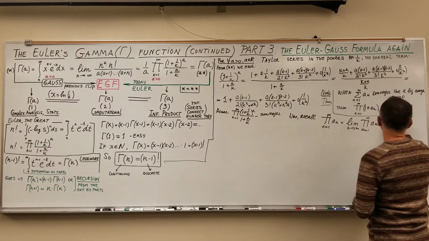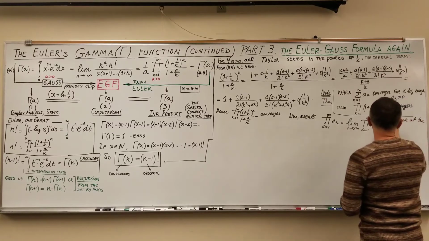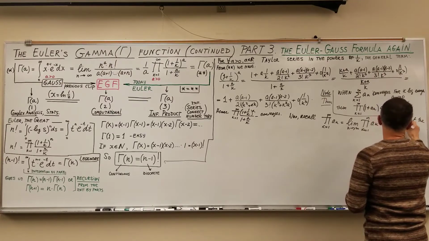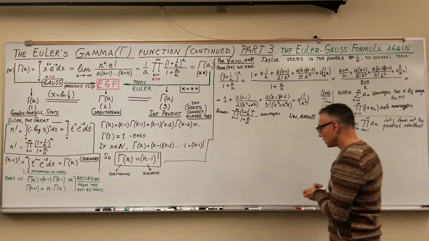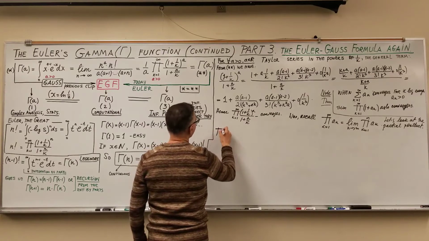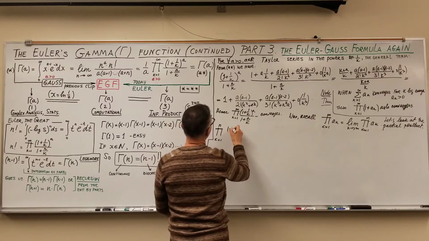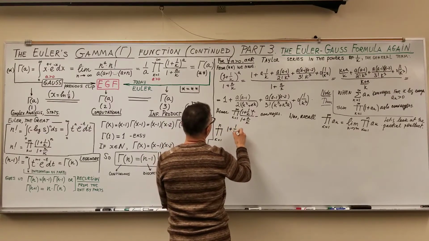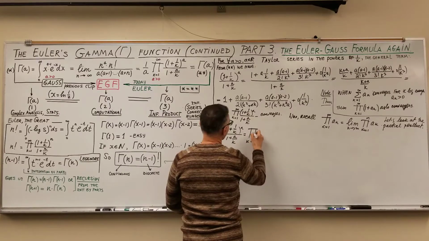The partial product, where k runs from 1 to n, of 1 plus 1 over k power a over 1 plus a over k is actually equal to the partial product, k from 1 to n.